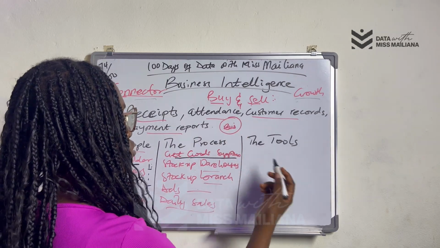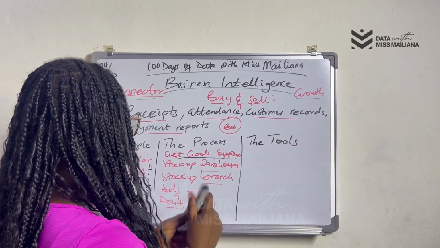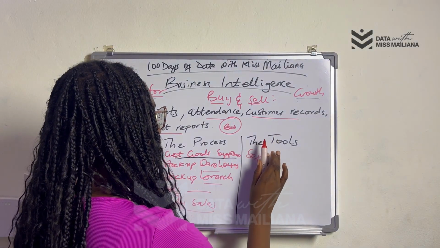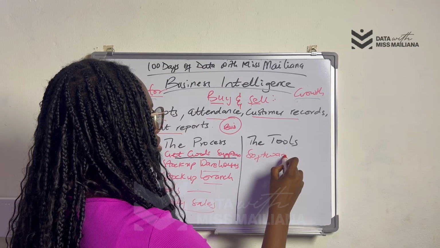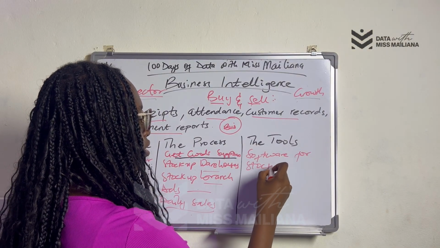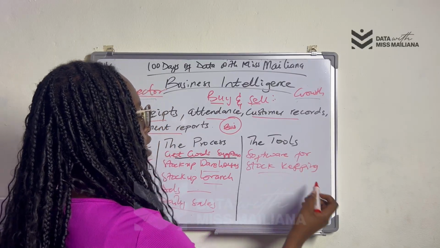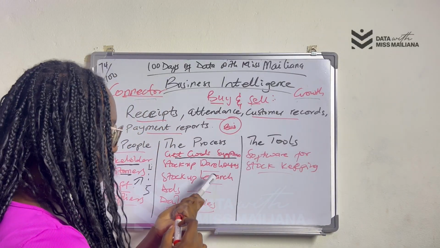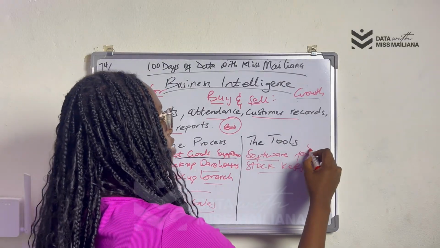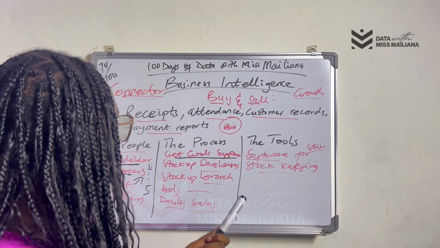Now the tools you use. Probably you have software for stock keeping that gives you your data, the stock that comes in. You can use tools like SQL and other things for your data storage and management as well.